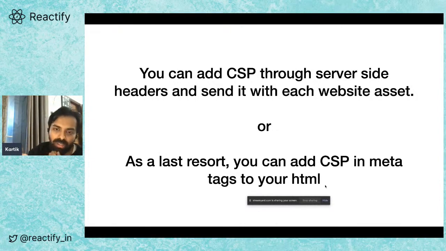So you can send the headers with them, or as a last resort, or not just as a last resort, but also if you have a very static website, like let's say it's a place to show your resume or something, but you have certain input boxes where you think that cross-site scripting could happen and people can lose their data. So there you can also add the content security policy in the meta tags of your HTML page itself. It's as simple as that as well.